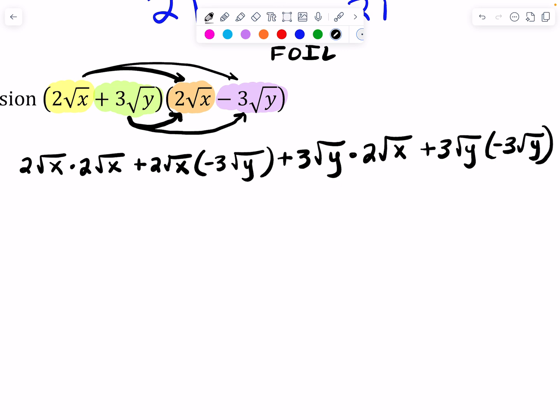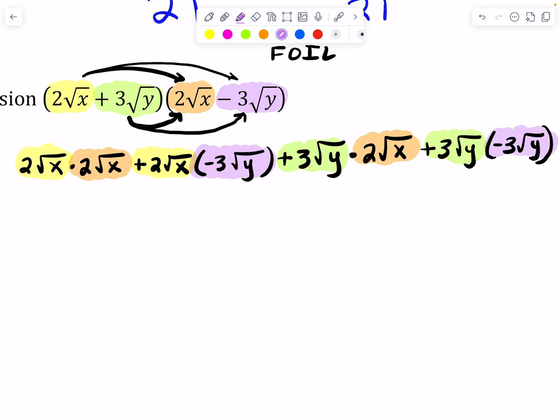So when we do that, you can see we have our yellow term times our orange term. Then we have our yellow term times our purple term. Then we have our green term times the orange term. And then the green term times the purple term.